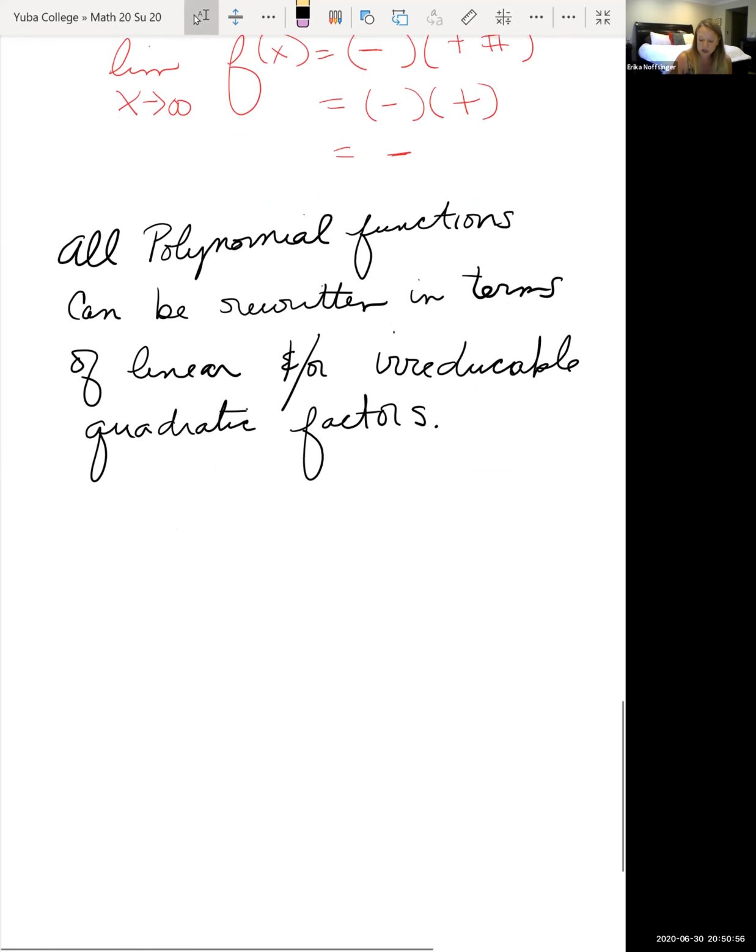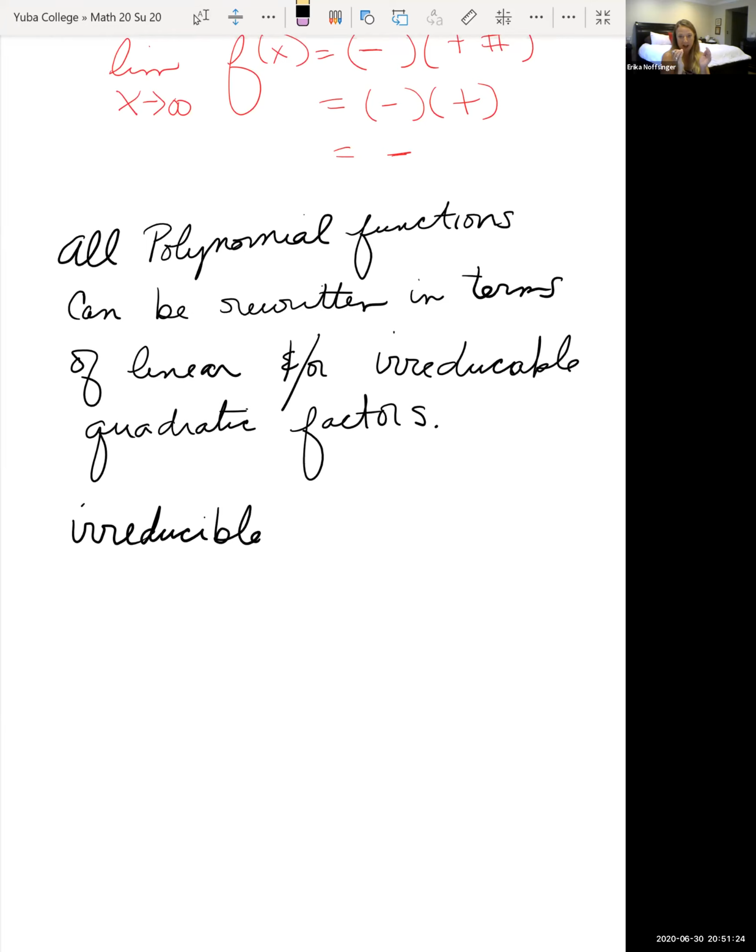So irreducible quadratic, what I mean there is if you went to go factor it, or you're trying to find out where it's equal to 0, so your x-intercepts, we're also going to call those different terms that mean the same thing in this chapter, so roots or zeros of your polynomial. If you went to go factor it, you would get an imaginary number.